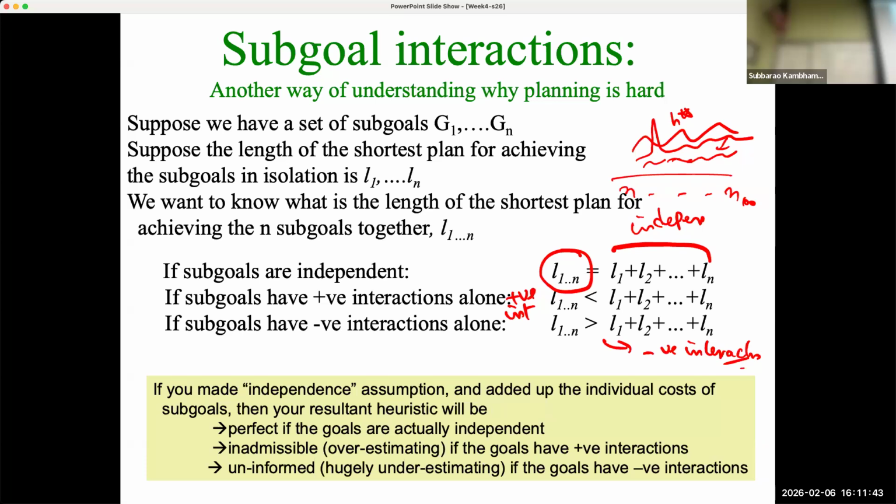So the question is, it's not just less than this, it's actually less than or equal to max of L1 to Ln. I'm sorry, how do I say this? So it's max of L1 to Ln. So the way to write it would be this.